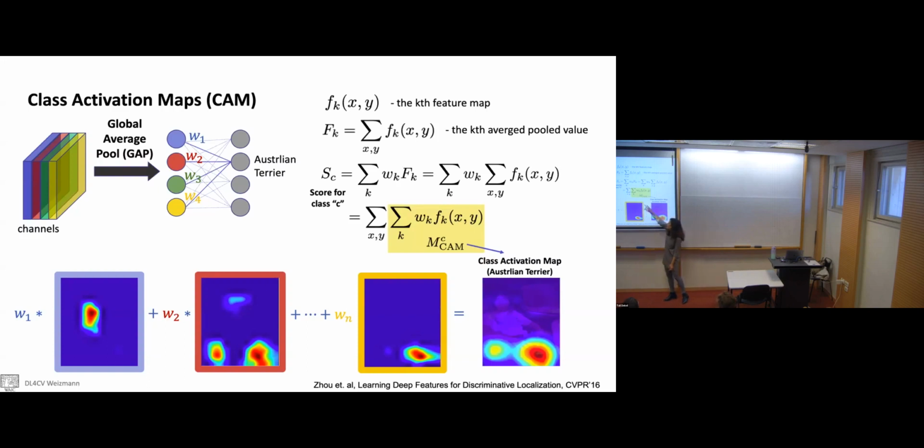This is the linear combination over the different feature maps, weighted by the values the classifier learned. Okay, so you can see that the final score for a given class C is given to us by taking the class activation map and doing a global average pool on this feature map.